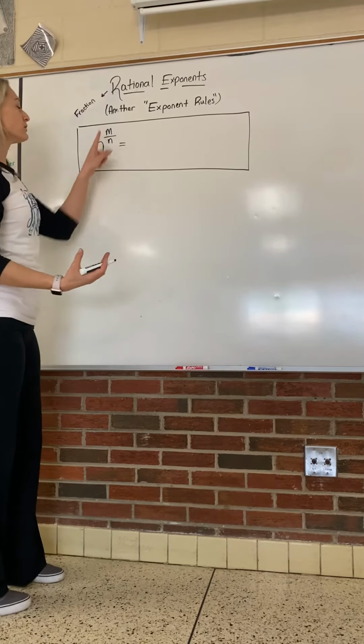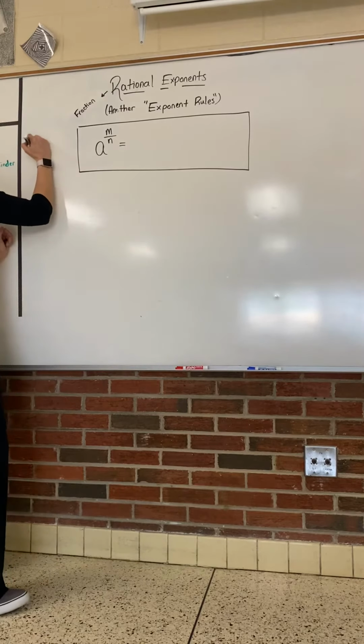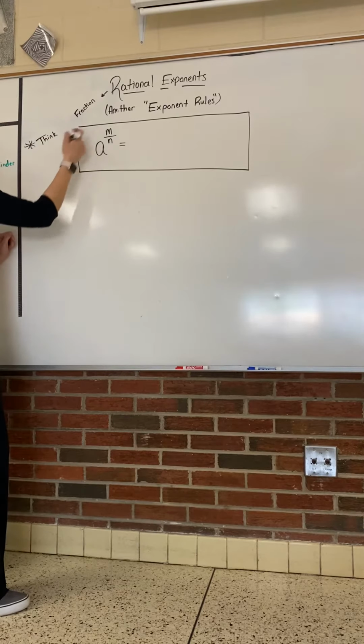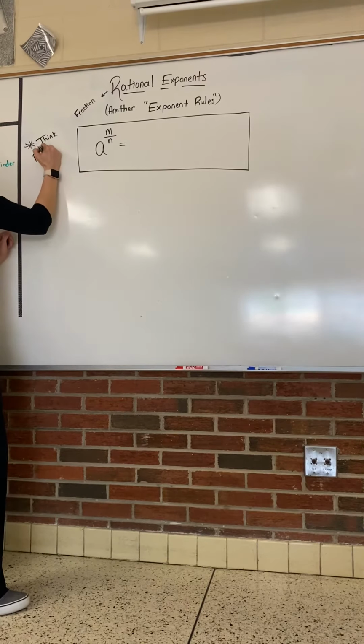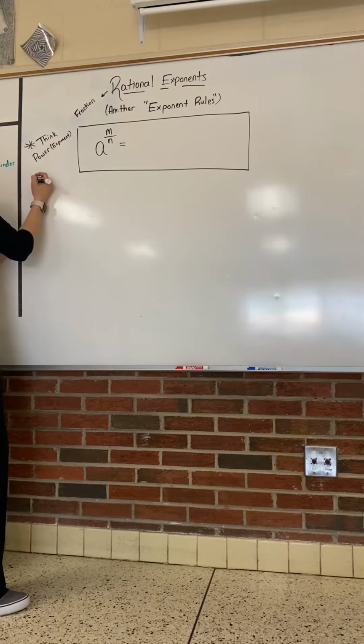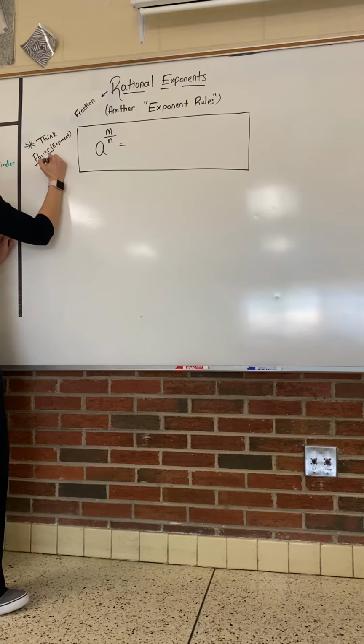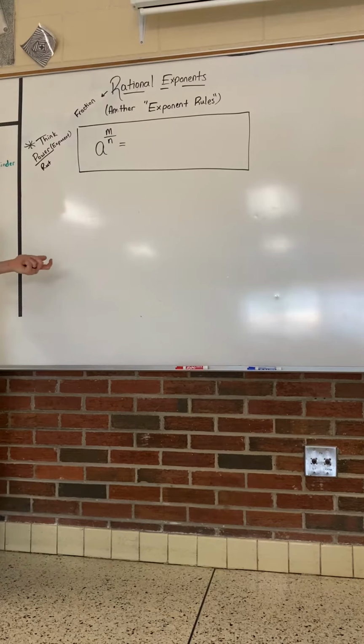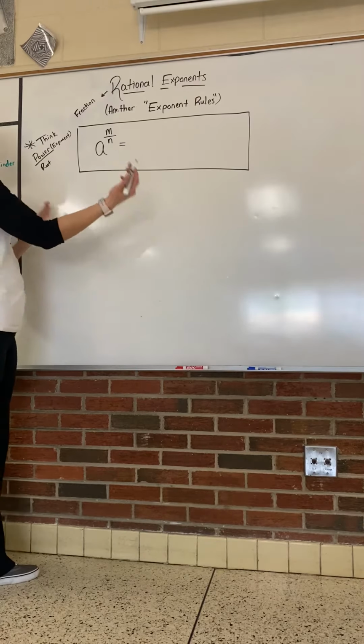Whenever you're doing these problems, and I'll write it to the side here, you need to think the top number is the power, or another name for exponent. So I'll write that down. And then the bottom number, the denominator, will be your root. So when you rewrite it, you need to think power over the root, and that'll tell you where to put things. So what do I mean by that?